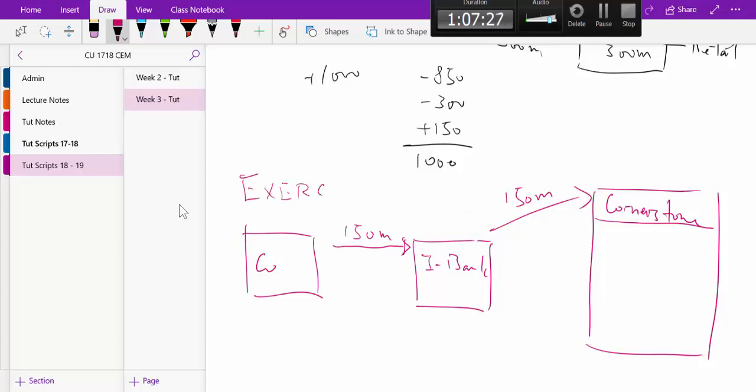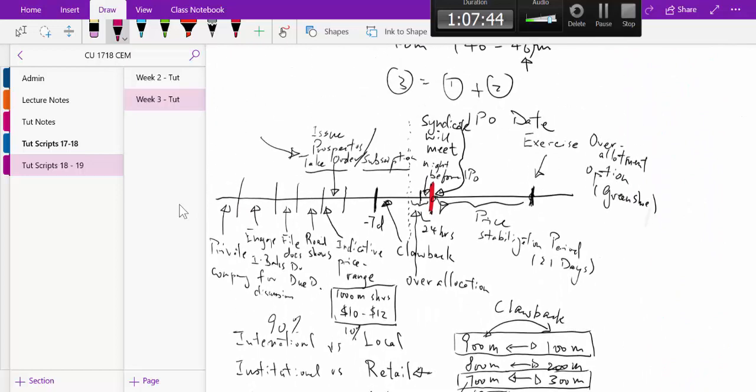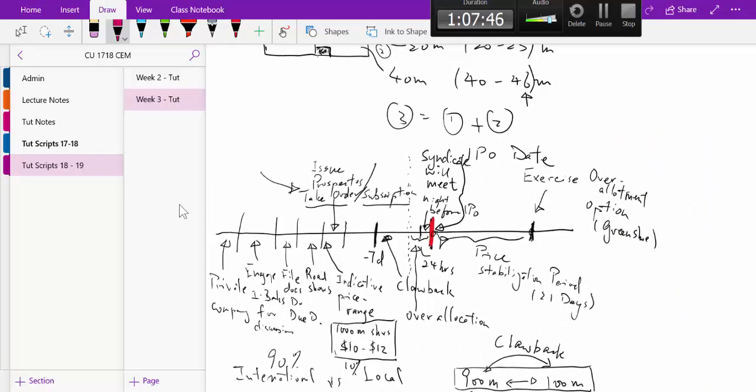Exercise over-allotment. Otherwise known as green shoe. So that actually happens. That is the last thing that happens. It's right here, okay?